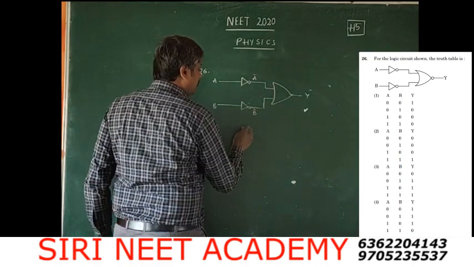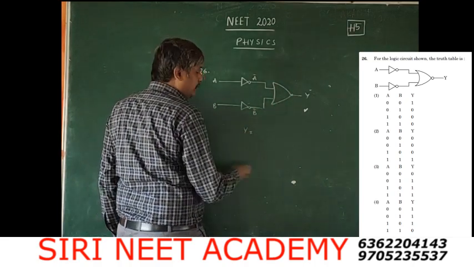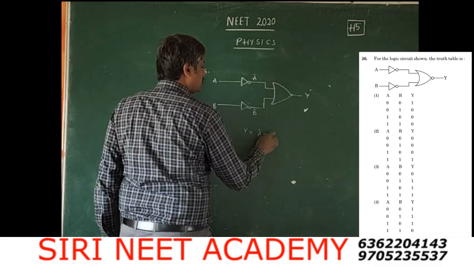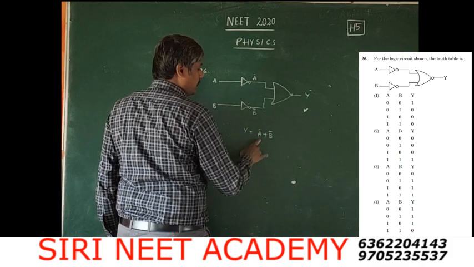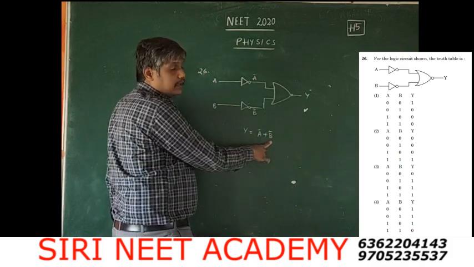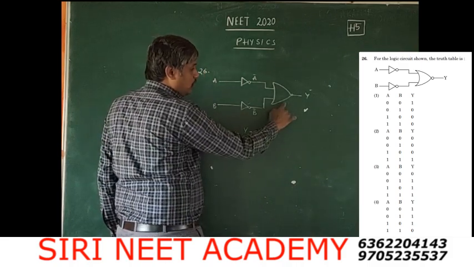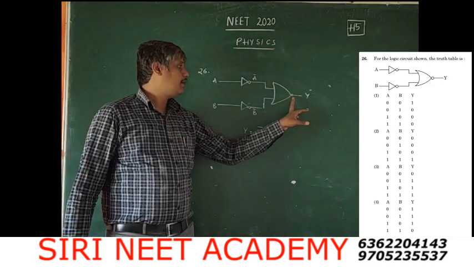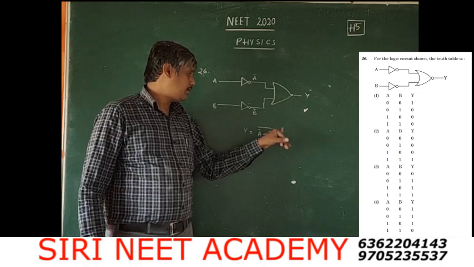So the output Y will be the NOR of A bar and B bar. So this is the output of the OR gate, and I am having a bubble, that is a NOR gate.